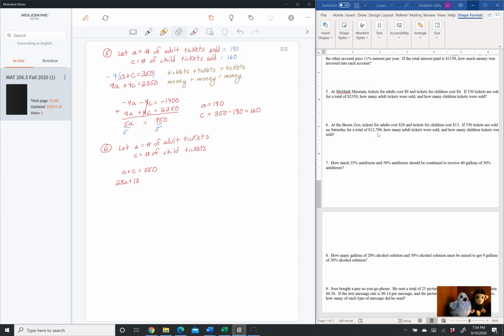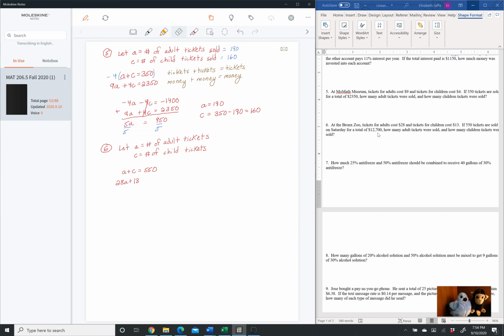Okay, and let's do this one using substitution again. So in our substitution, this time I'm going to solve for C because C has the smaller number in front. Remember, that just leaves everything positive. That's the only advantage to it.